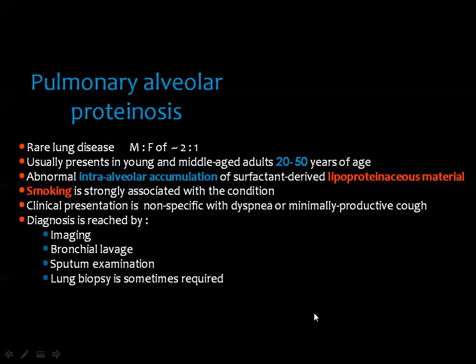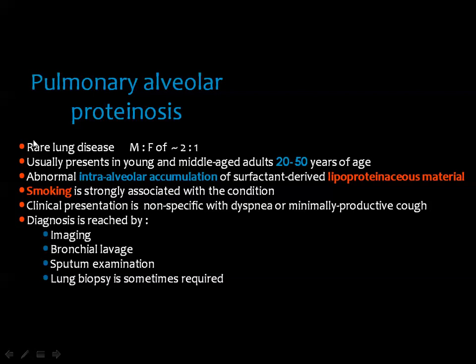Then we came to pulmonary alveolar proteinosis. You remember, we are discussing now the patchy alveolar opacities. We have finished with pulmonary alveolar edema, bat wing configuration, pneumonic consolidation, pulmonary hemorrhage, and bronchoalveolar carcinoma, and we'll finish by this, which is pulmonary alveolar proteinosis.